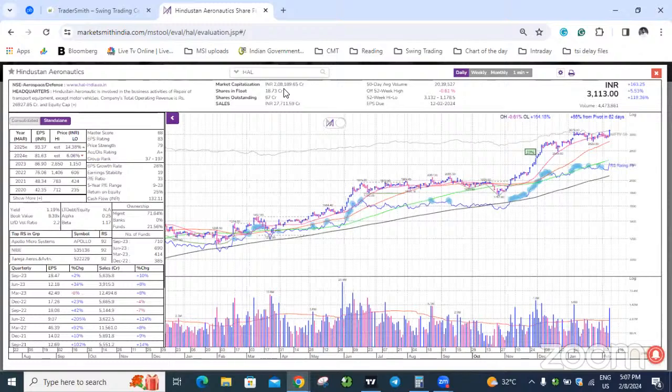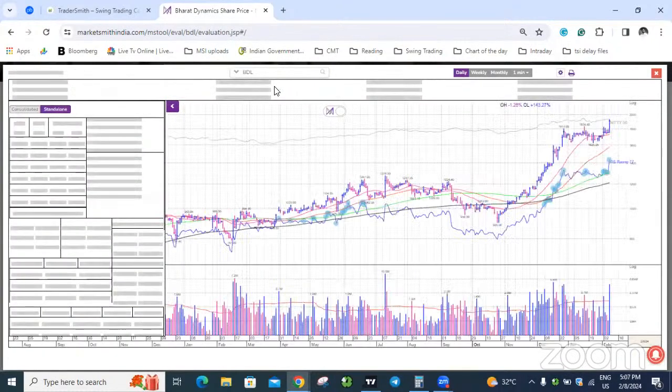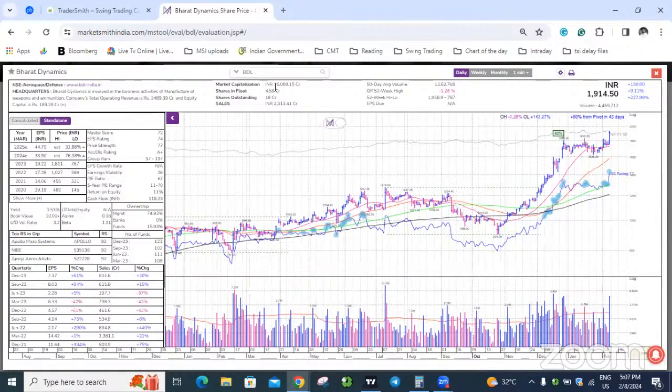If someone is holding from a lower level, it is a strong recommendation to hold unless it breaches a key moving average or price structure, or there is momentum deterioration. But if someone is interested in taking a fresh position, it is very difficult to comment, because chasing such a rally can turn dangerous, as there is a huge increase in volatility and market sentiment also.